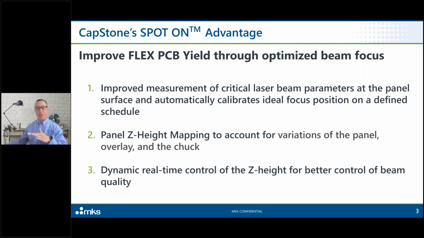And I should say not only the Z height of the panel, but also the overlay and the chuck. And then we combine that with our ability to dynamically control the Z height of the panel surface during processing. And in the end, all these features added together will optimize the process for drilling vias and give you higher yield.